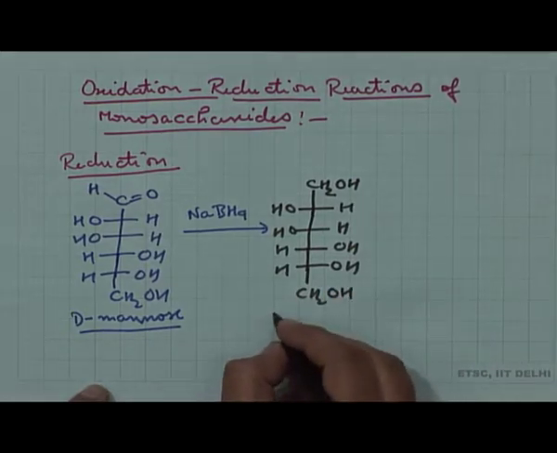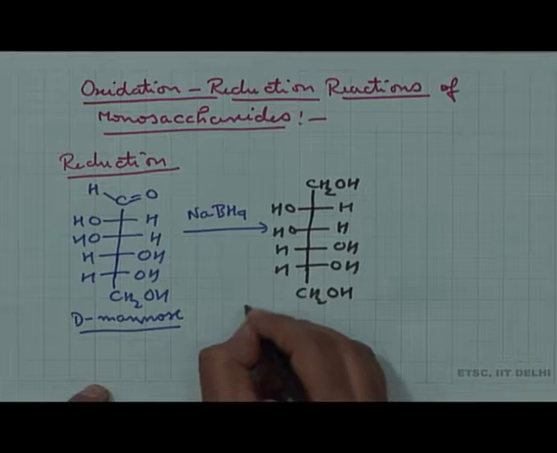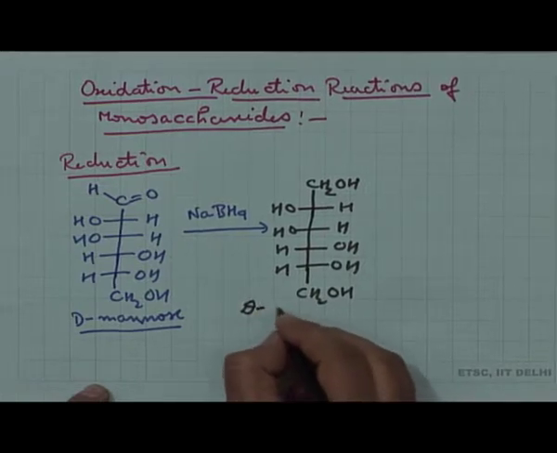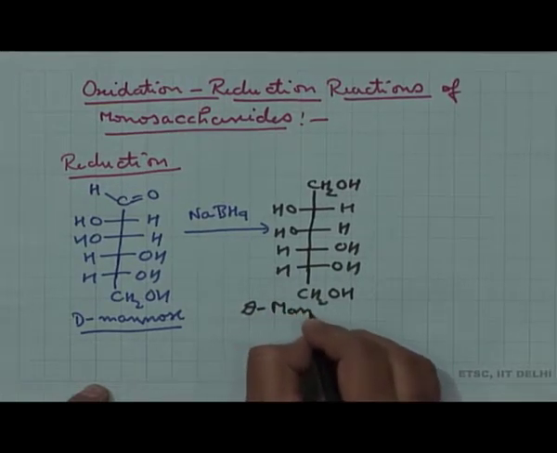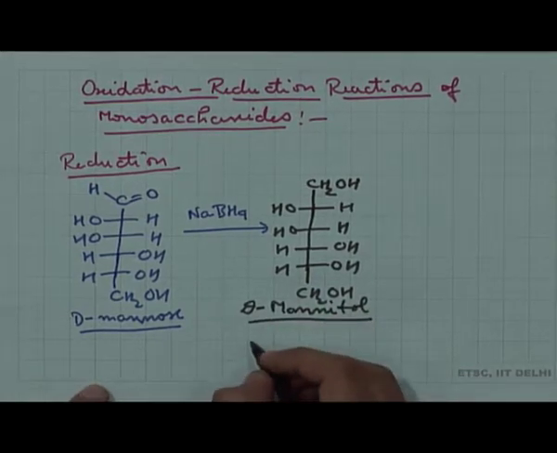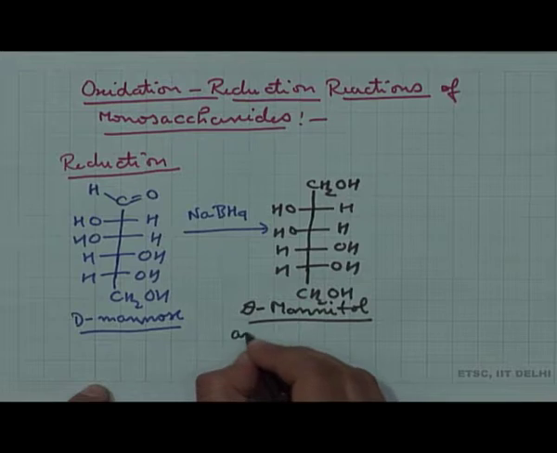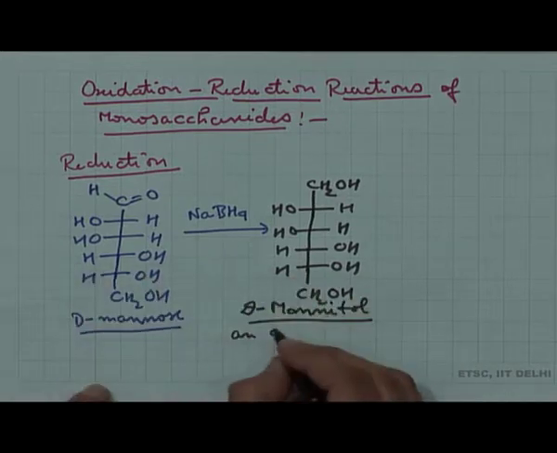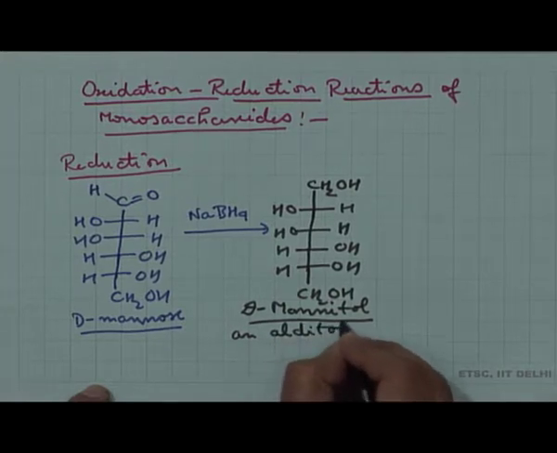It will generate, after the reduction, D-mannitol. Mannose will generate D-mannitol. Since it has been derived from aldehyde, it is also known as an alditol.